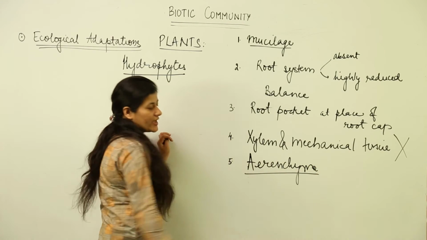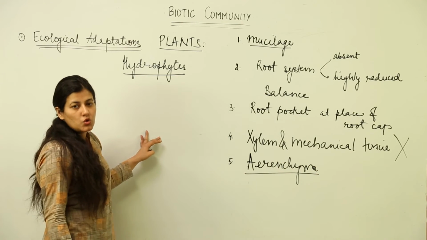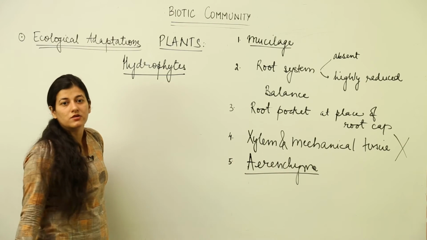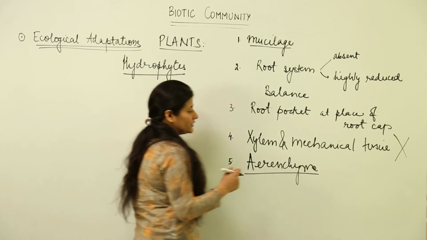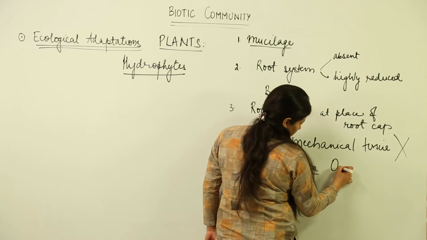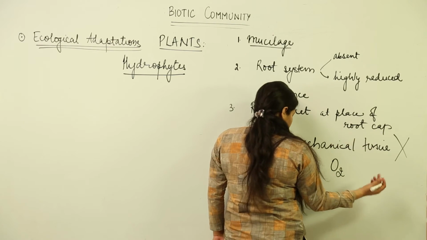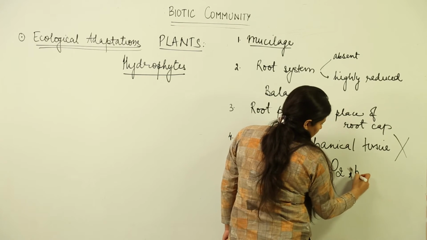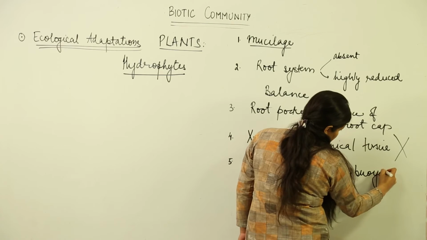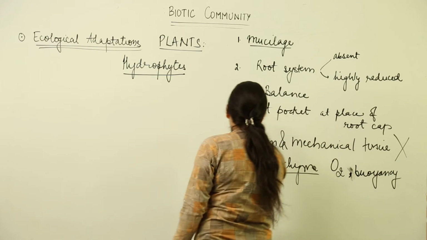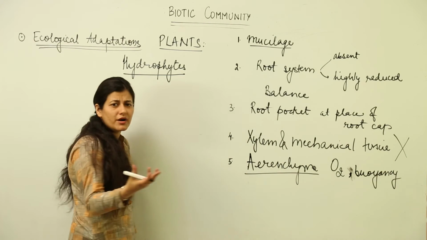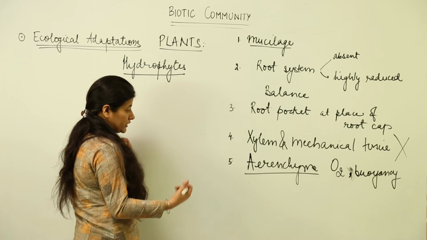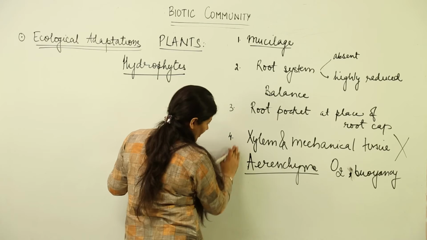It is a specialized parenchymatous tissue which is present inside the leaves, and it is having air spaces, or rather air vacuoles present inside the cell, which make the plant meet its oxygen requirement. It provides buoyancy for floating as well. Then we have air tissue as well, which is responsible for storing the air and making the plant float.